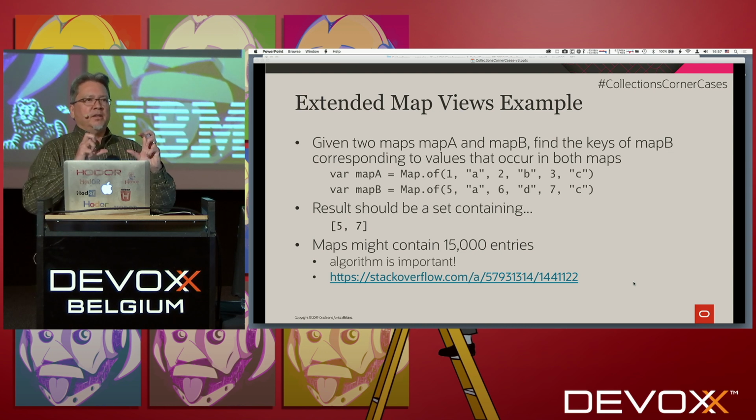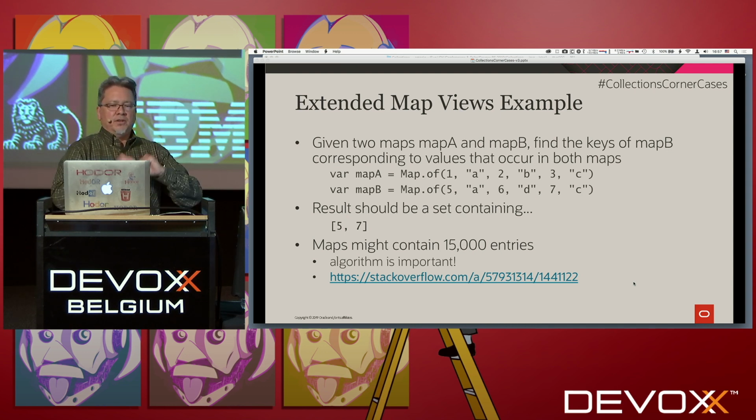I've restated in a very concise fashion here. So the questioner has two maps, and the maps are of the same type. I'm just using integers and strings here. I think that's what the person originally had.